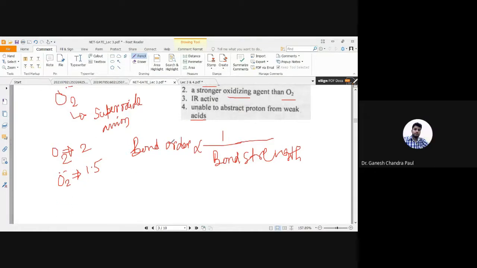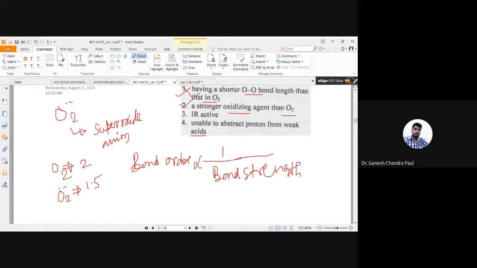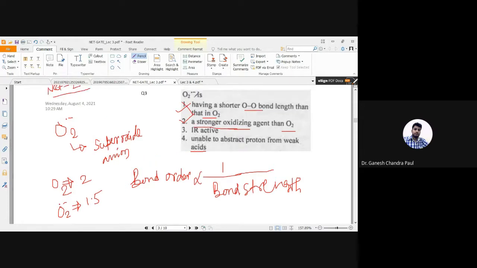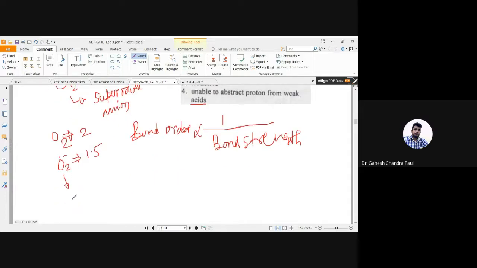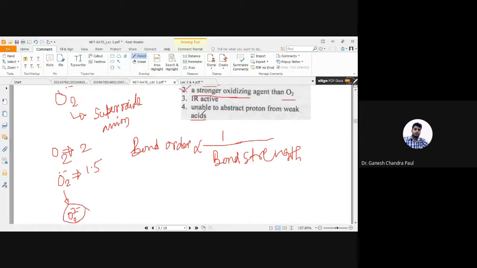So probably option 2 is the correct answer, because O2 dot minus can oxidize others and reduce itself. After reduction, it will form O2 2 minus, the peroxide anion. Probably option 2 is the correct answer.